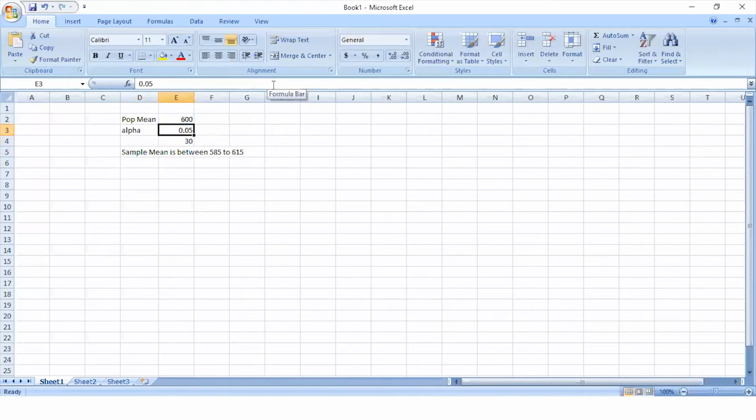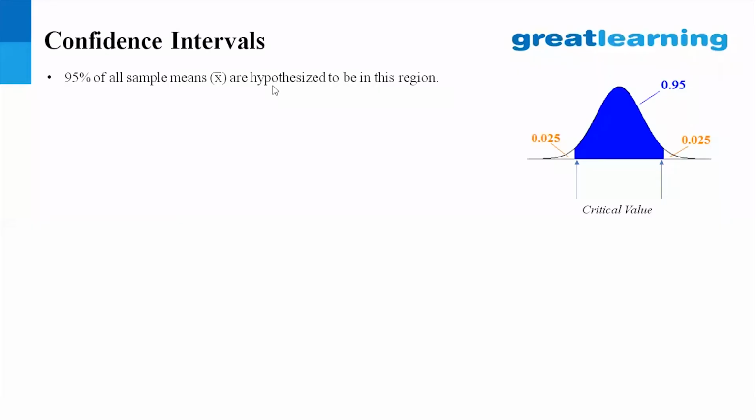So the total tolerance is 30, and it will be divided by 2 on either of the sides. So when the confidence interval is 95%, that is equivalent to saying that your alpha is 0.05. If you're considering a two-tailed scenario, in that case the 0.05 will be divided on either of the sides. So you'll have 0.025 tolerance on the left hand side and 0.025 tolerance on the right hand side.